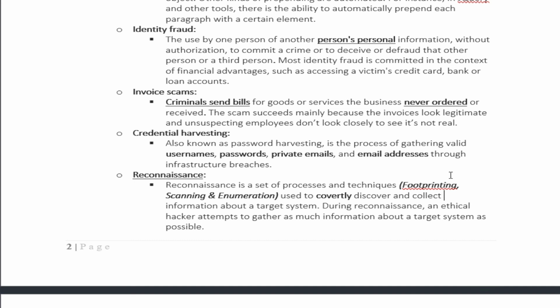Do they have internal intranet sites? So reconnaissance could take on a very wide range of activities, right? There's a lot you want to do. It can take a long time, but once they find that information, they know what to do next. They'll move on to the next mode of attack.